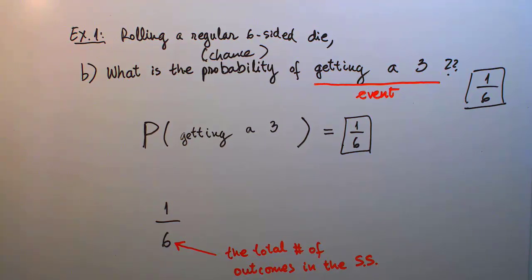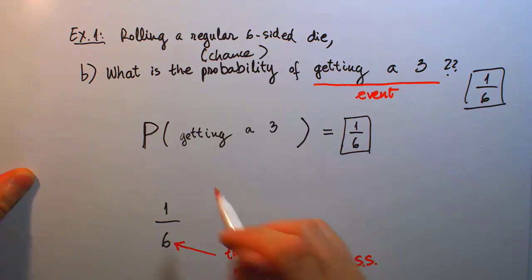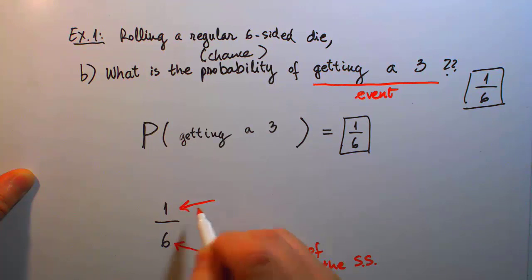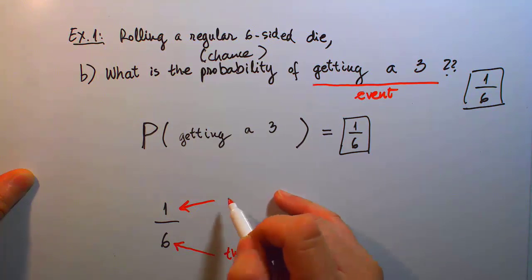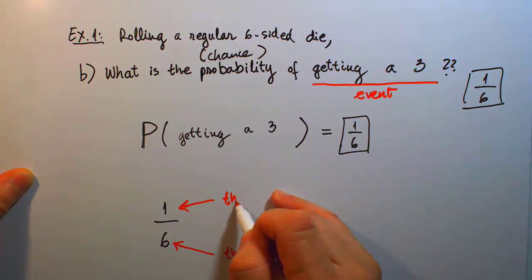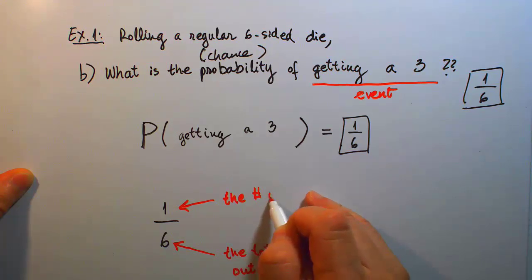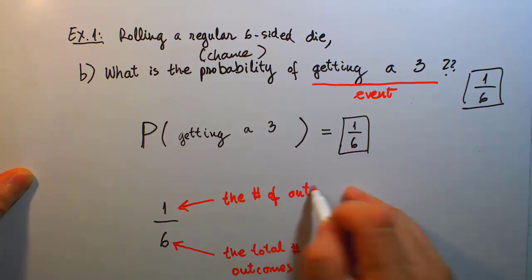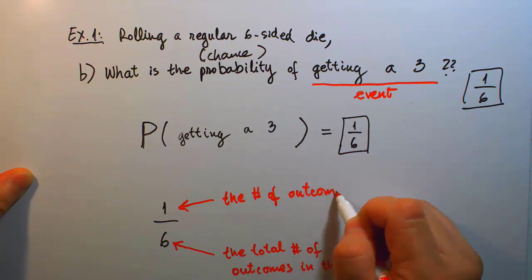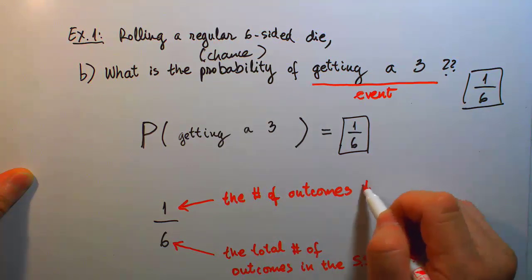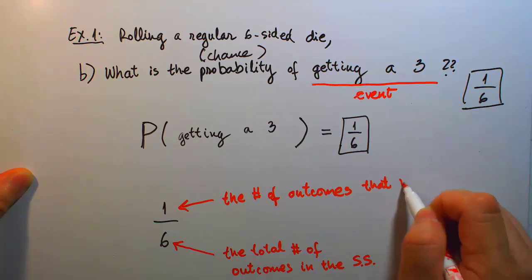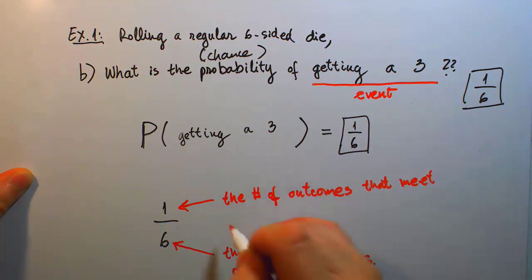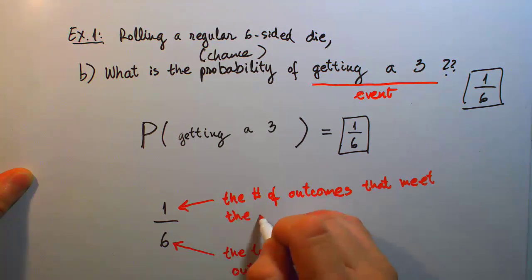And that's what the 6 in the denominator is for. And the number 1 here in the numerator is, the way I explain it, usually the number of outcomes that meet the event.